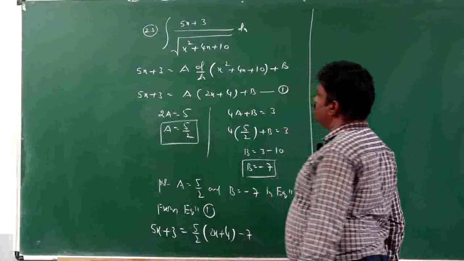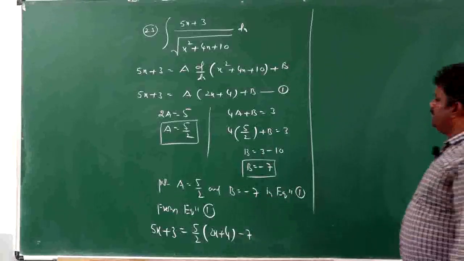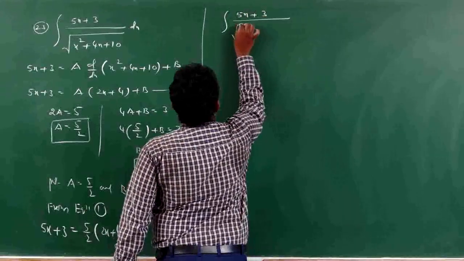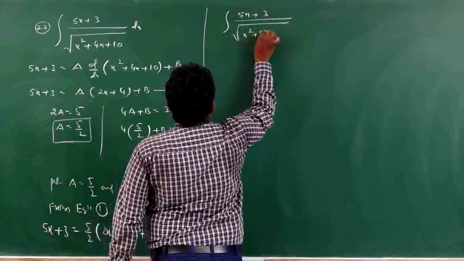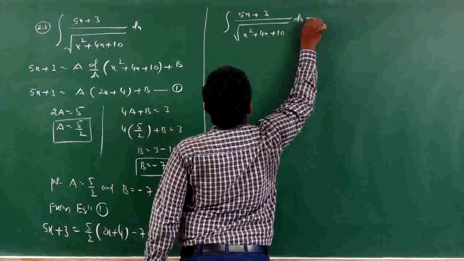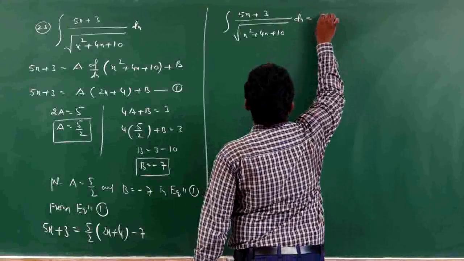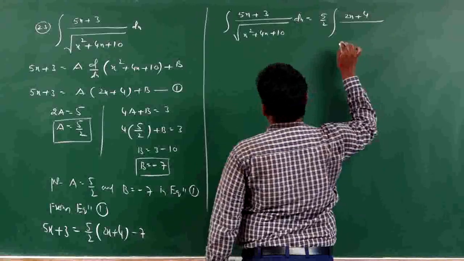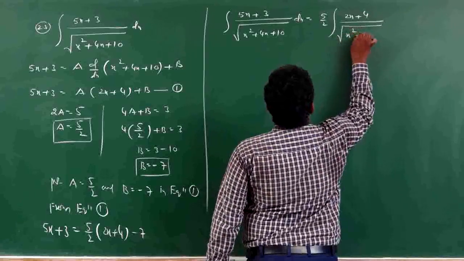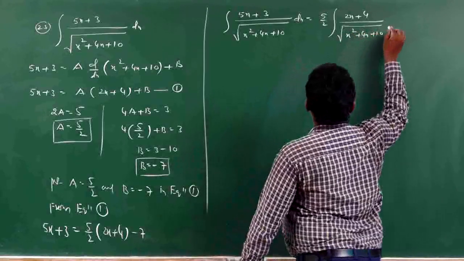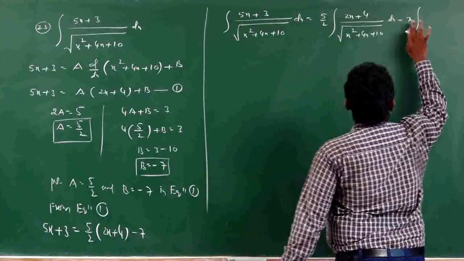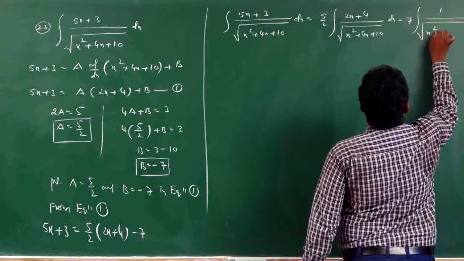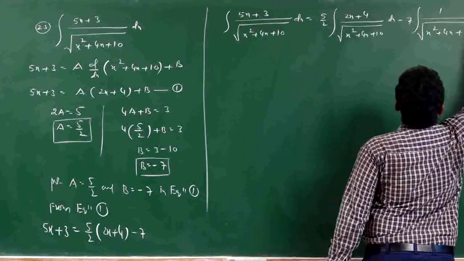Now divide the total equation by the square root of x square plus 4x plus 10. Integral of (5x plus 3) by square root of x square plus 4x plus 10 into dx is equal to 5 by 2 integral of (2x plus 4) by square root of x square plus 4x plus 10 into dx minus 7 integral of 1 by square root of x square plus 4x plus 10 into dx.